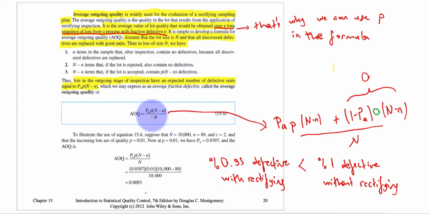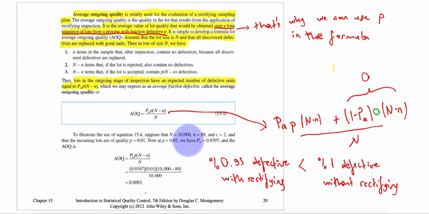For example, if the lot size is 10,000, the sample size is 89, and C is 2, then the incoming lots are of quality with that fraction defective, so it means 100% defective.